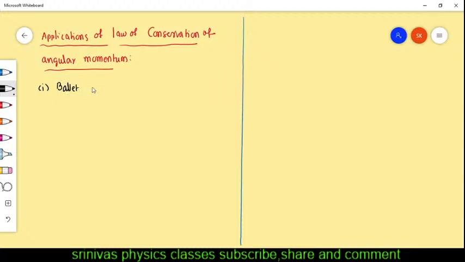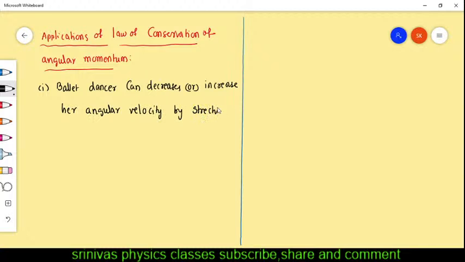Do you know a ballet dancer? A ballet dancer can decrease or increase her angular velocity by stretching or folding her hands and legs.